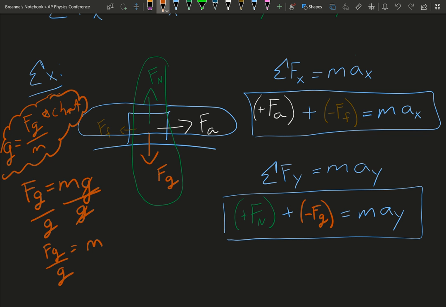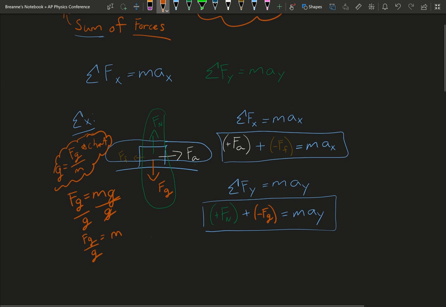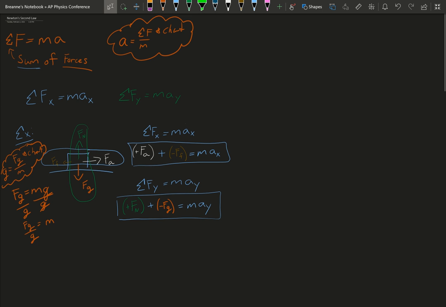And yes, force of friction has its own special equation, but we won't necessarily deal with that in this setup. So that's kind of the basics of your Newton's second law.